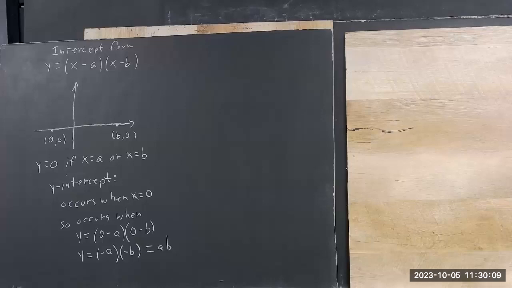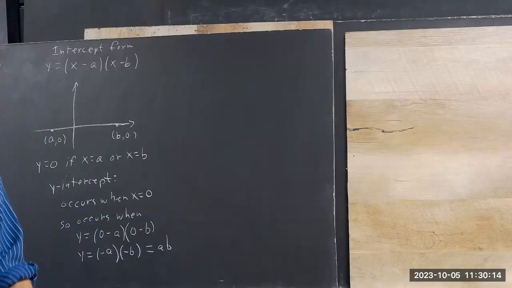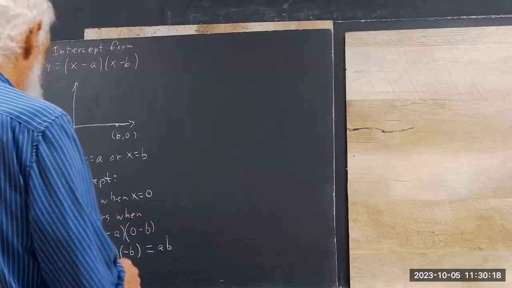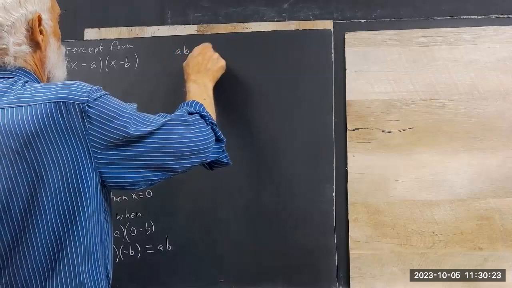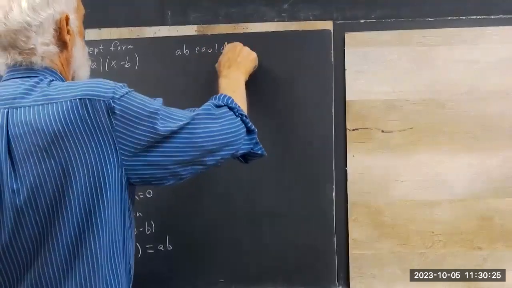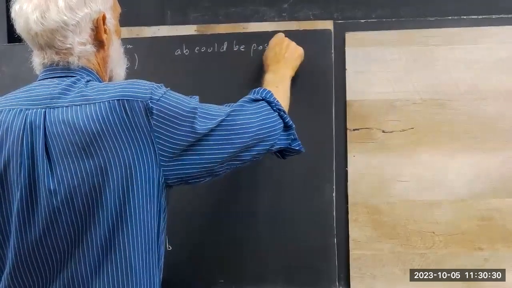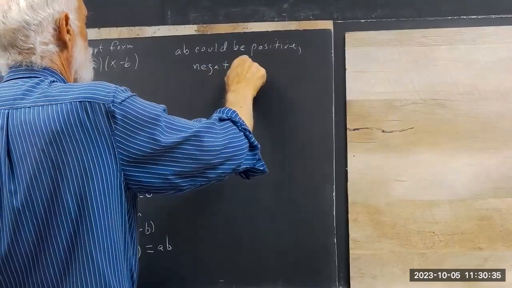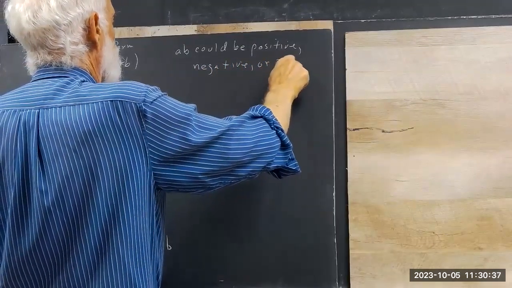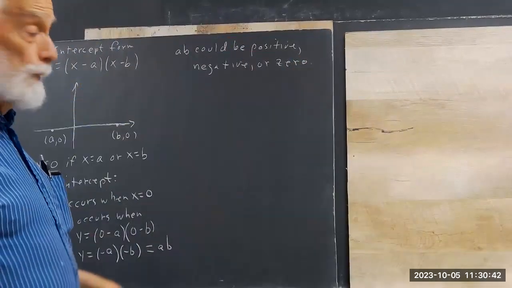Okay, so you've got two numbers, you want to multiply them and get a negative, right? Well, people wrote down numbers like A, B. There are only three possible choices for any number.